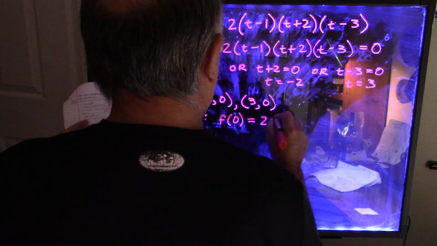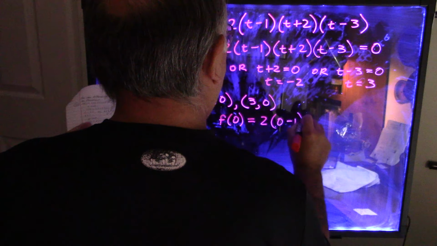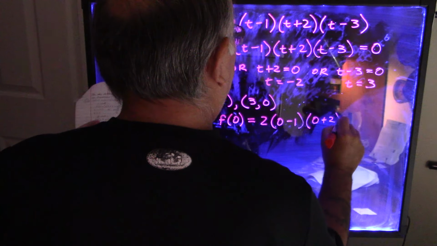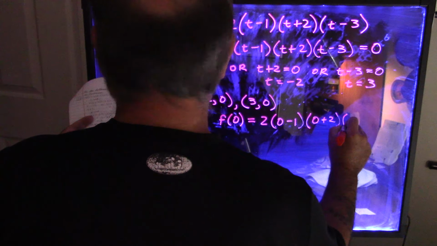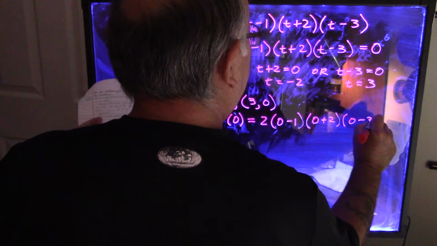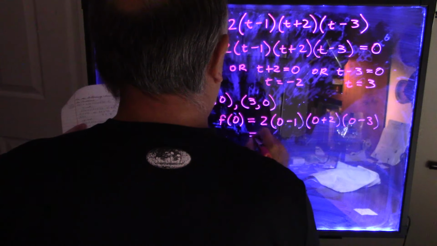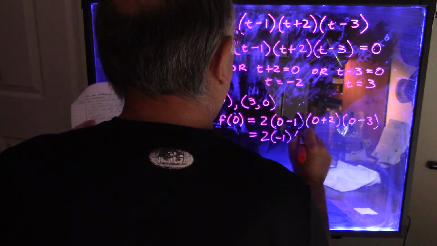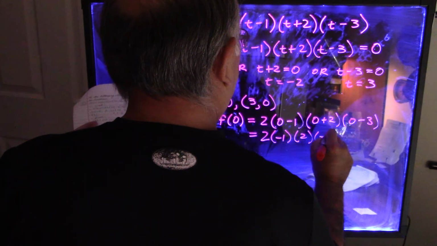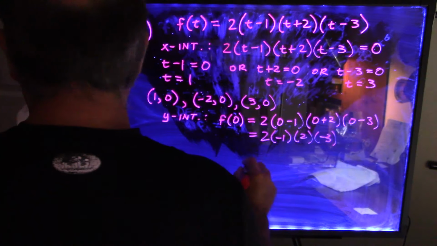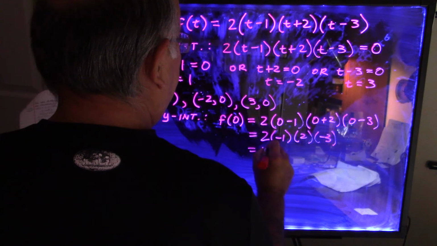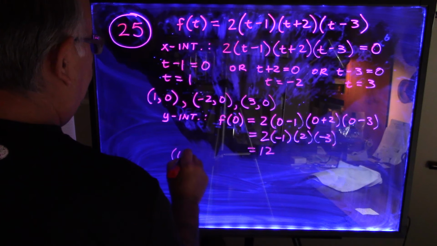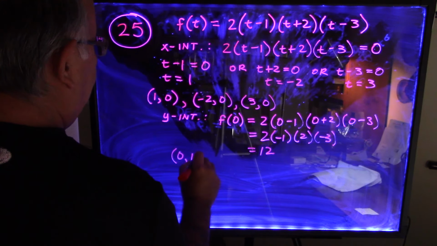You get 2 times 0 minus 1, and then 0 plus 2, and then 0 minus 3. So that's 2 times negative 1 times 2 times negative 3, and that equals 12. So we have the point 0, 12 as the y-intercept.